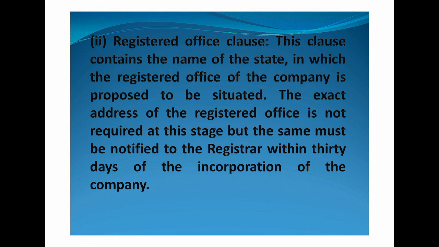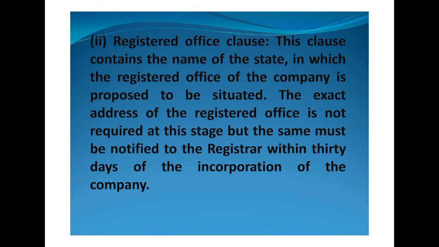So while the incorporation gets done, it contains the name of the state in which the registered office of the company is proposed to be situated. So the exact address of the registered office is not required at this stage of incorporation.